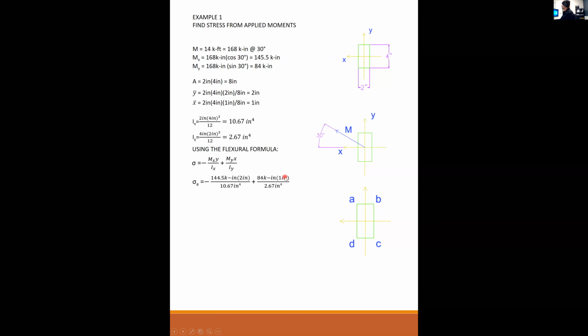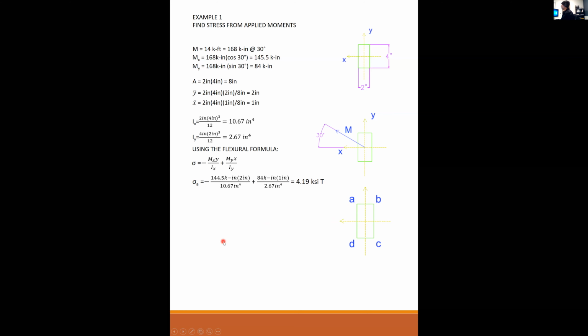So that's why this is a positive 1 inch, because to get to A, I'm going in the same direction as positive x. Divide the whole thing by the moment of inertia about y, and I get 4.19 ksi. This number is positive, so that means that the stress at A is tension.